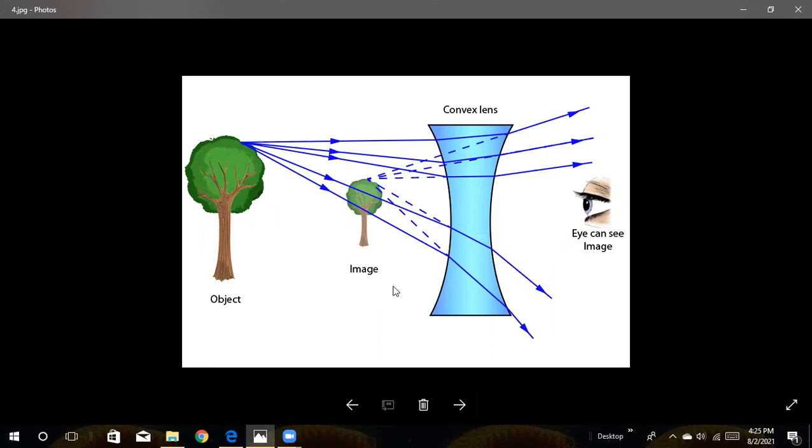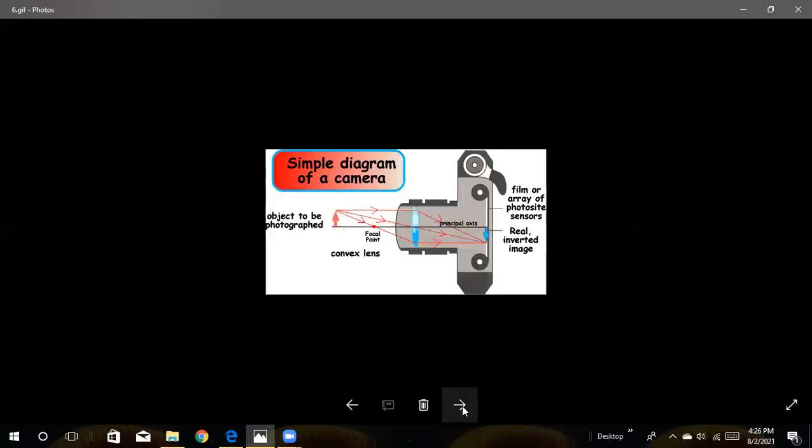Here is the image of a tree. Here the concave lens. Right? Here is how the image is formed by a simple camera.